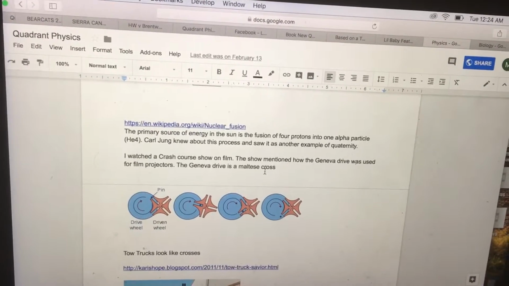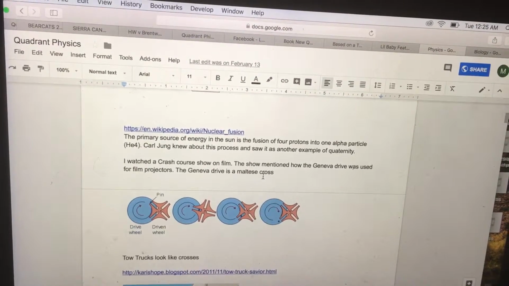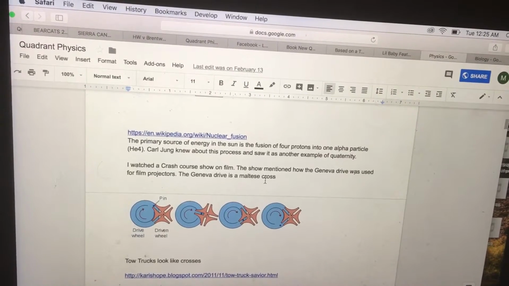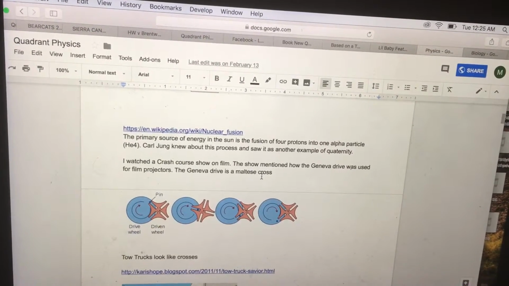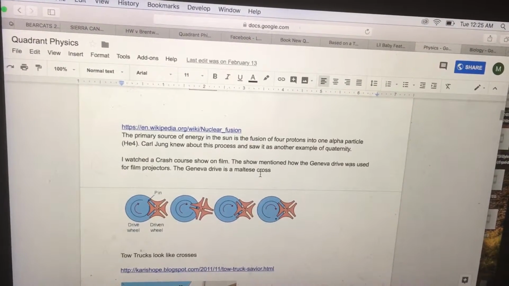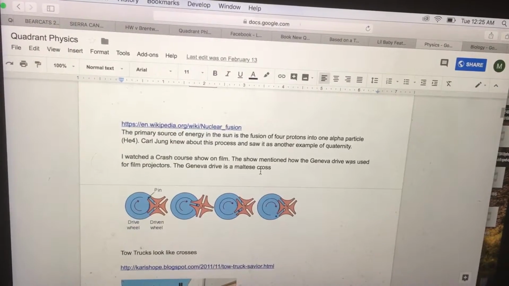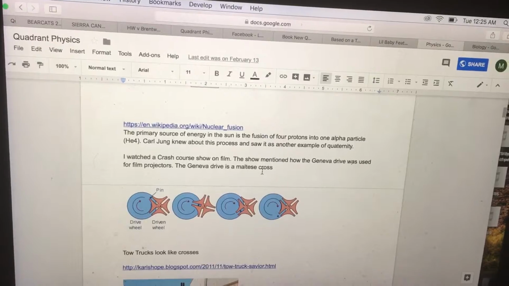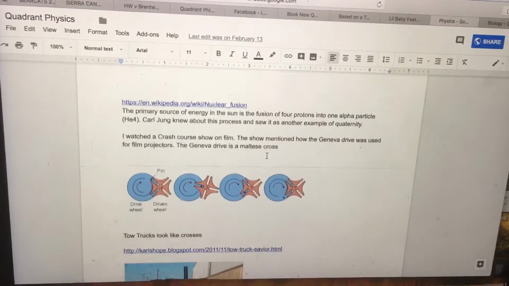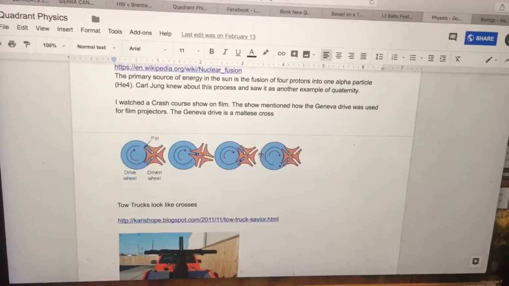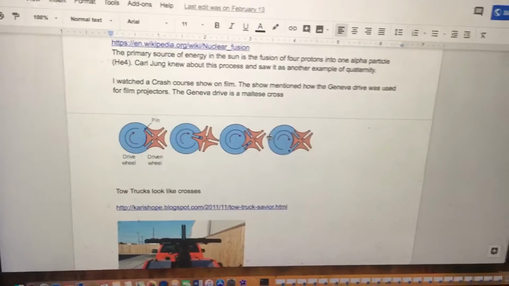The helium is made up of 4 particles. The fusion of the 4 particles, and he saw it as an example of quaternity. It's a quadrant.